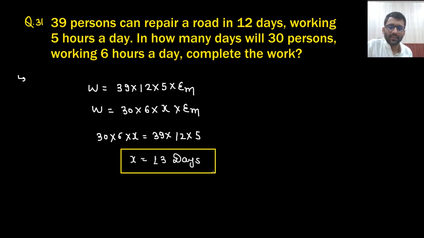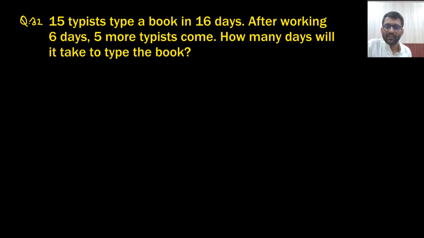That's it. Okay. Let's see the next one. 15 typists can write a book in 16 days. After working for 6 days, 5 more typists come. How many days will it take? So what is the work? Work is 15 typists working with their full efficiency in 16 days. Now what is the work after working for 6 days?